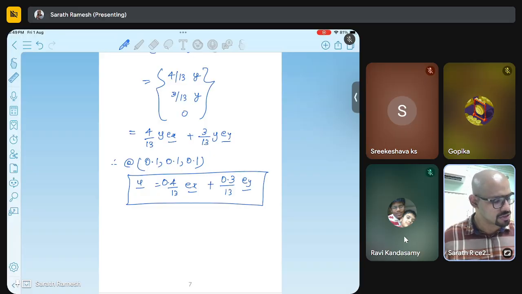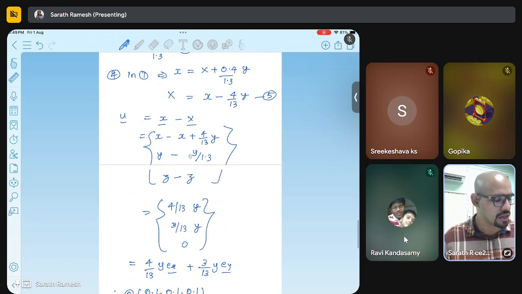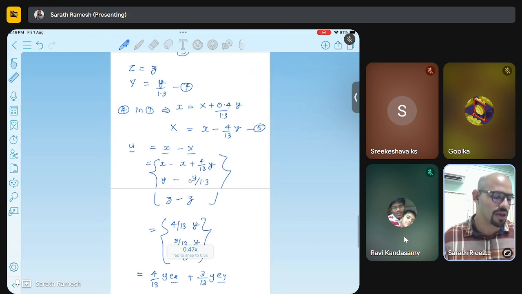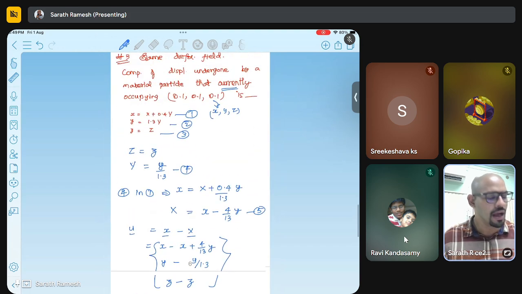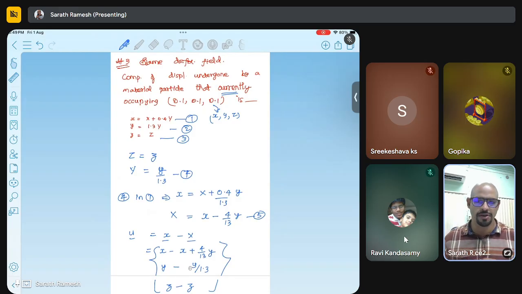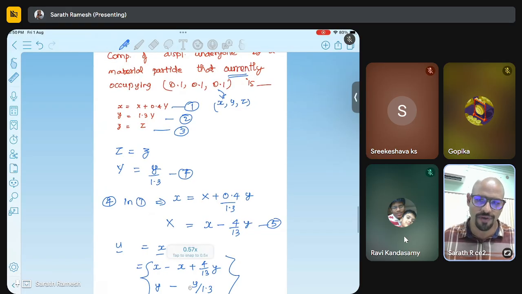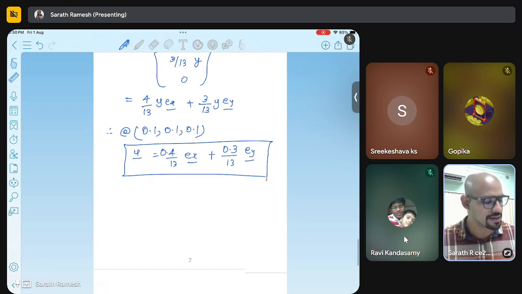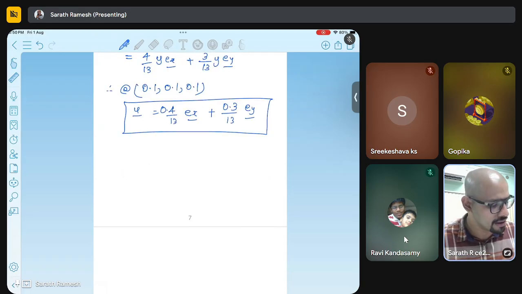Right. So this is one variety of problem we have seen, where they have given us the deformation field and they are asking us the displacement field. So this is problem category number 1 under displacement. Let's move on to the last category of problems in displacement. That is, they have given us the displacement field and they are asking us the deformation field back.